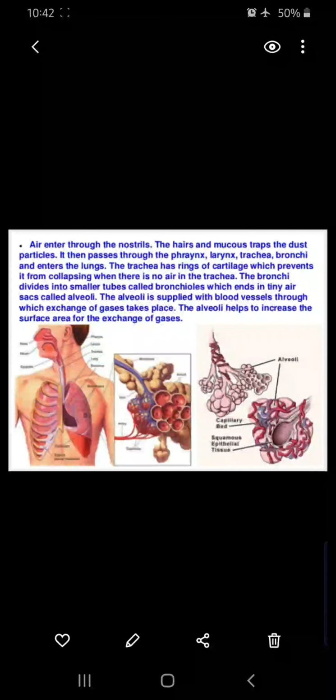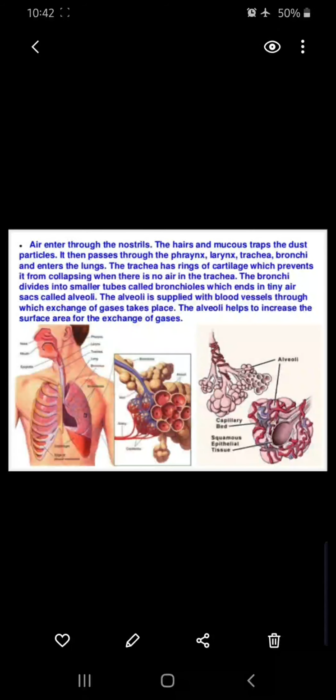As the air enters through the nostrils, the hair and the mucus present in the nostrils trap the dust particles. Then it passes through the pharynx, larynx, trachea, bronchi, and enters the lungs. The trachea has rings of cartilage which prevent it from collapsing when there is no air in the trachea.